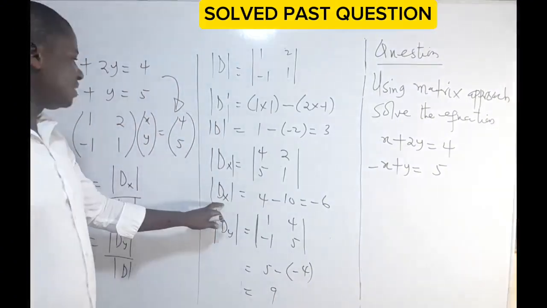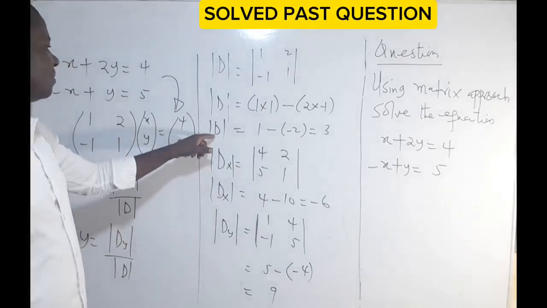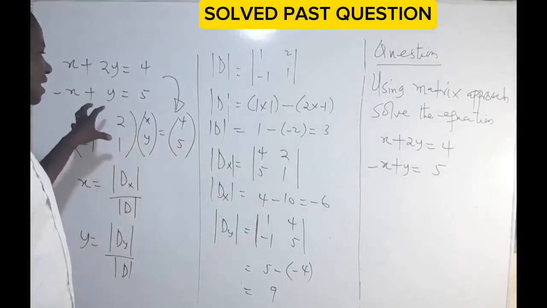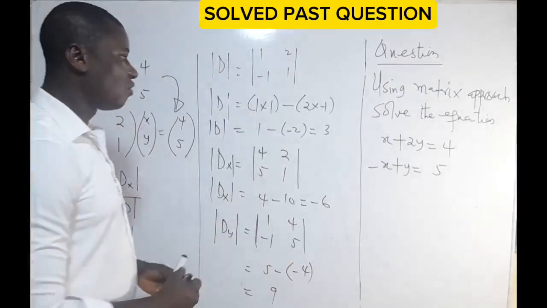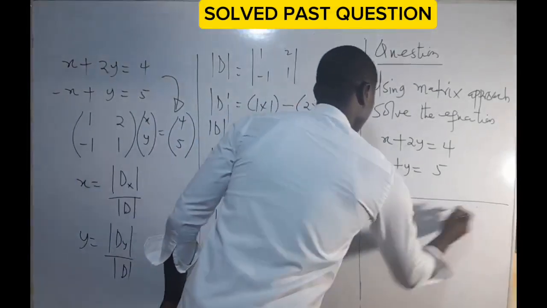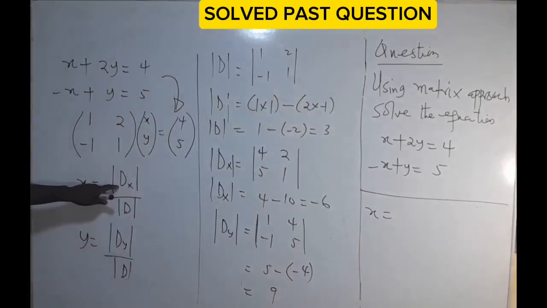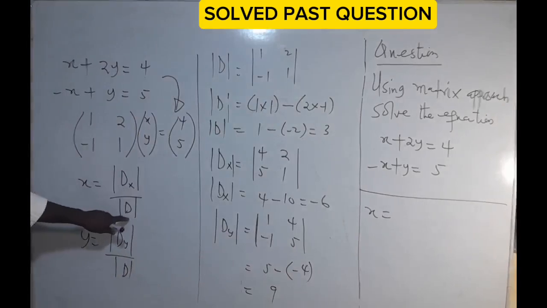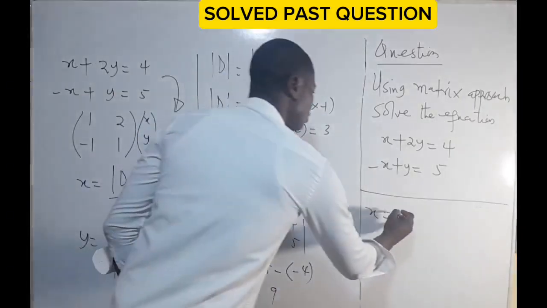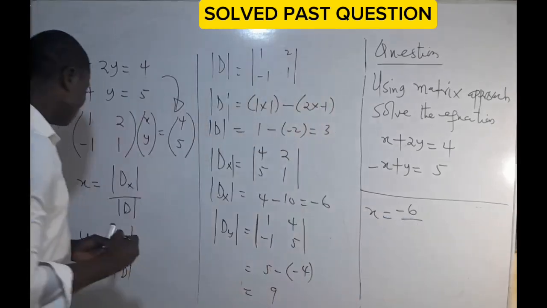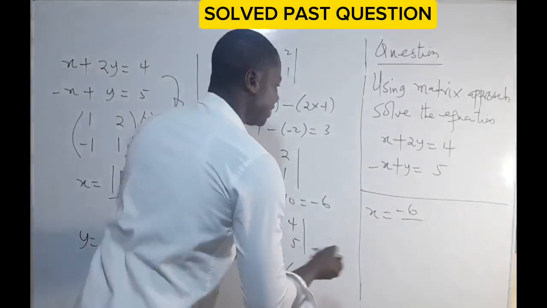The determinant of dx is minus 6, and the determinant of d, the matrix itself, is 3. So we are going to solve for x and y. x will be equal to the determinant of dx over the determinant of d. For the determinant of dx, we had minus 6, over the determinant of d, which we got as 3.